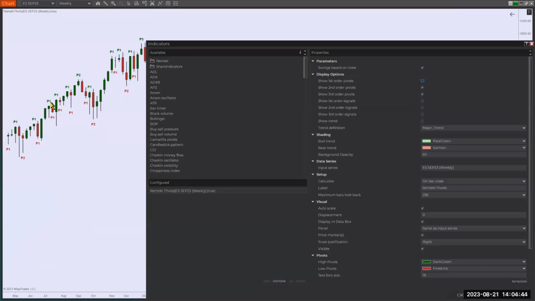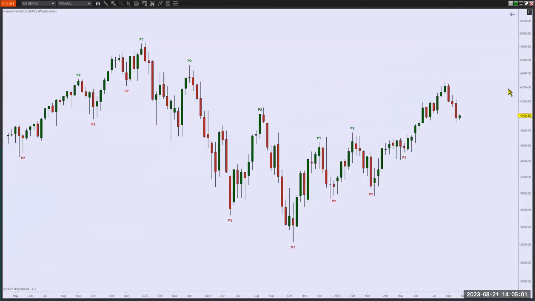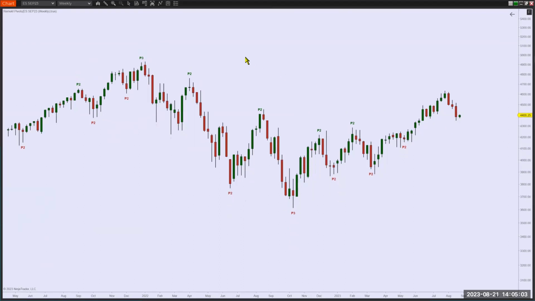They are, relatively speaking, less significant. You see all these pivot 1s here, for example? So let's hide them. Now I'm only looking at second and third order pivots, and suddenly the chart becomes a bit more meaningful.